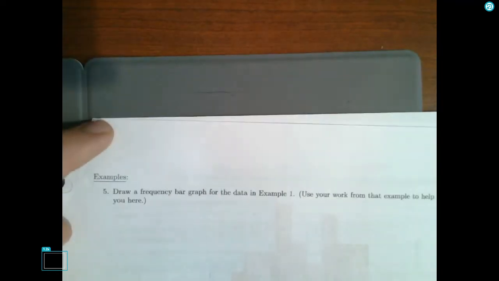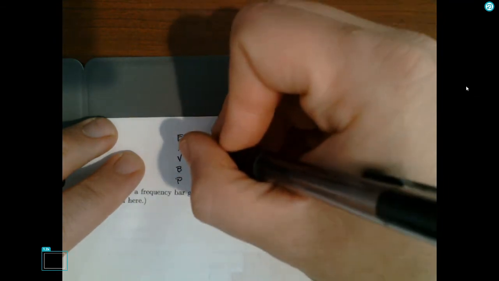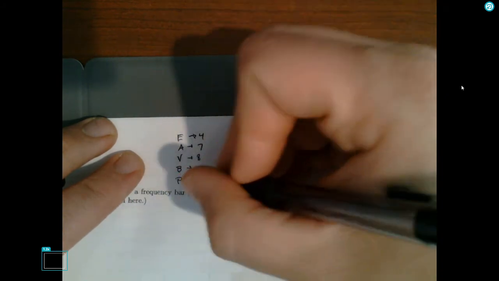So our frequency table looked like this: E, A, V, B, P, and it was E4, A7, V8, B4, and P2. That's the data that we had from example 1. So let's draw a frequency bar graph for this data.